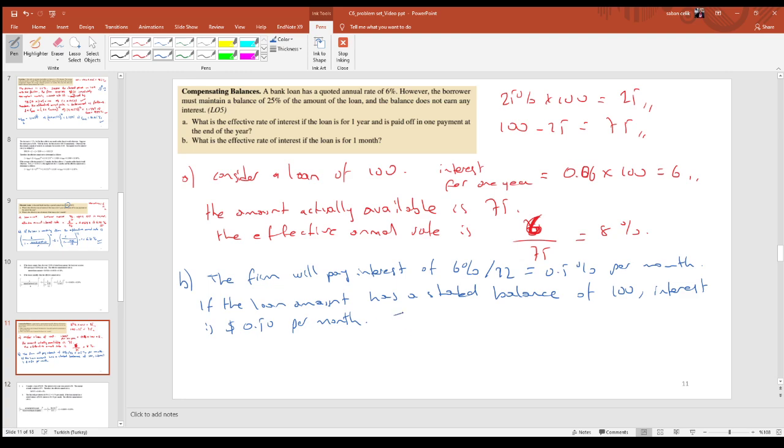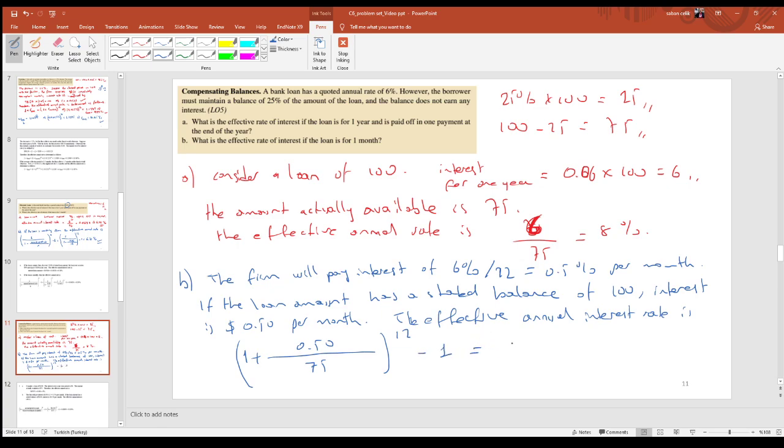Then the effective annual interest rate is 1 plus 50 cents, which is interest divided by $75, to the power of 12, minus 1.